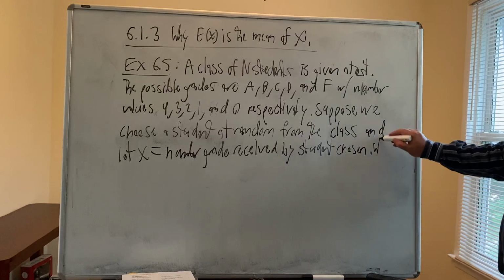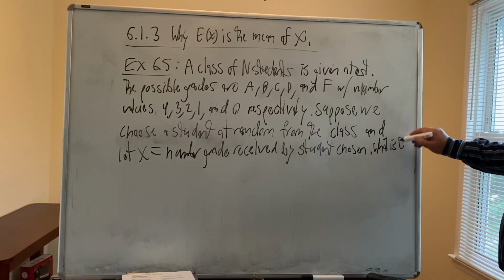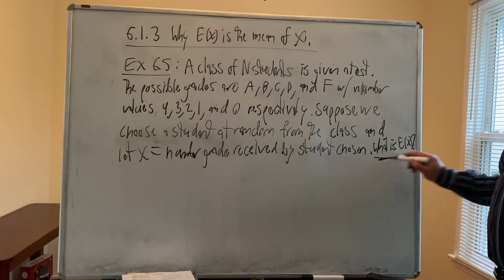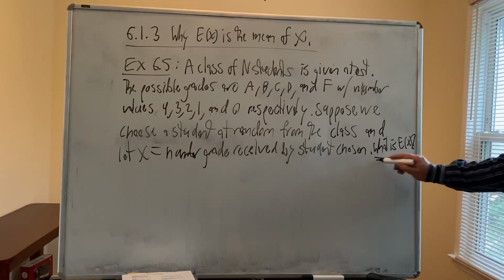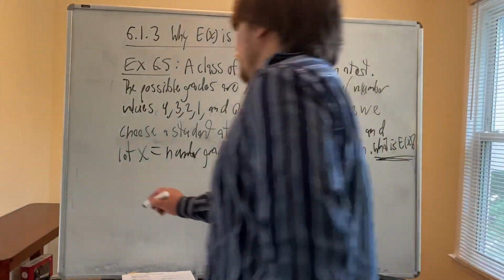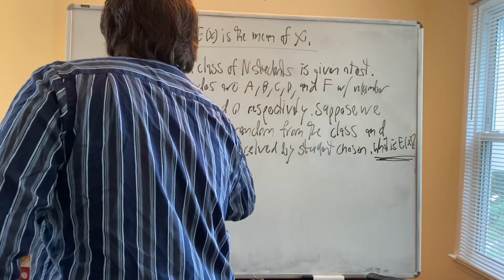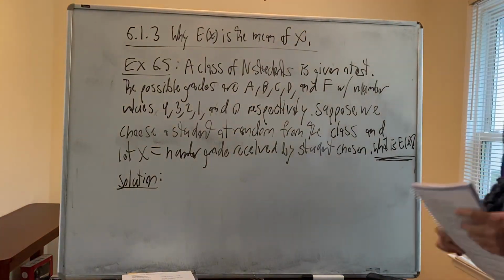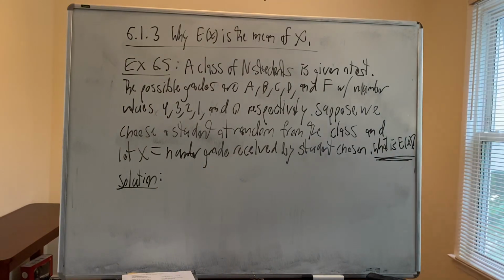What is capital E of X? Okay, so the question is, what is capital E of X for this problem? Let me read the problem from the beginning again. Example 6.5, a class of capital N students is given a test.